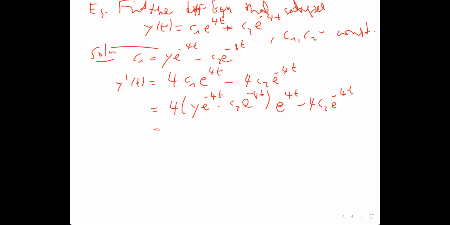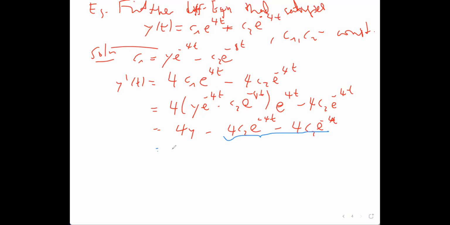Immediately you see that they cancel out. So we have 4y, and here as well we have 4c2 e^(-4t), all together 4c2 e^(-4t).